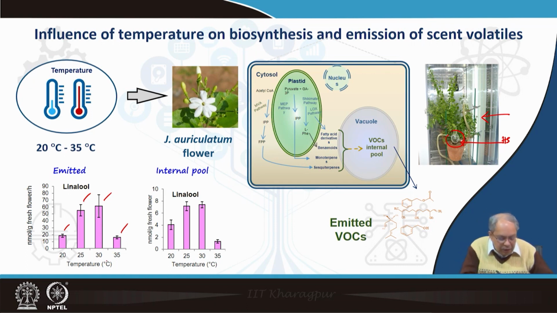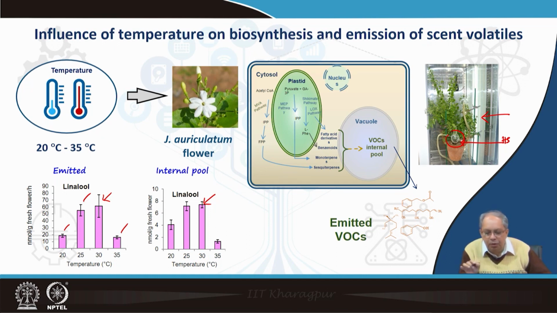What you see here is that 30 degrees is optimum for the maximum emission of linalool as compared to the other temperatures. Even 30 degrees is slightly better than 25 for linalool accumulation inside the cell.